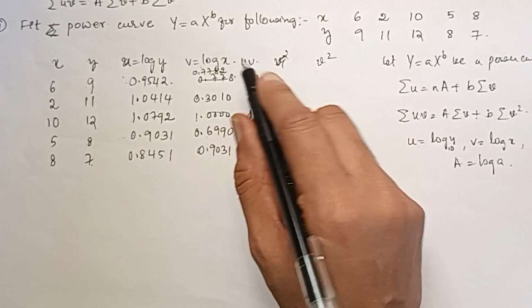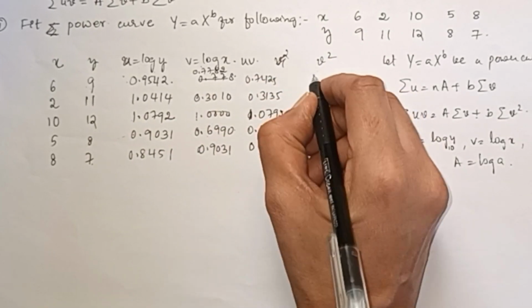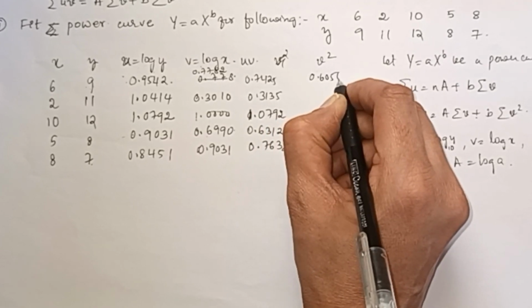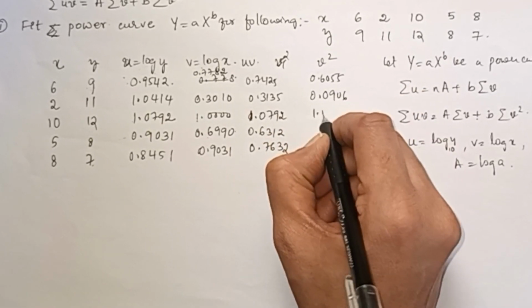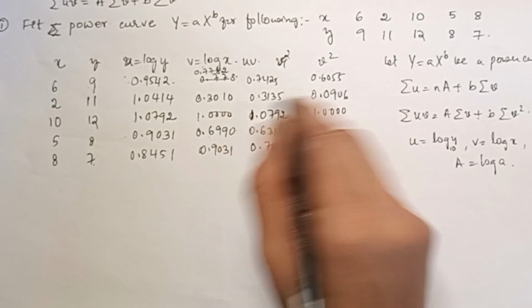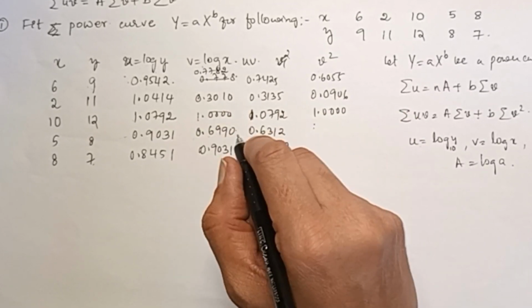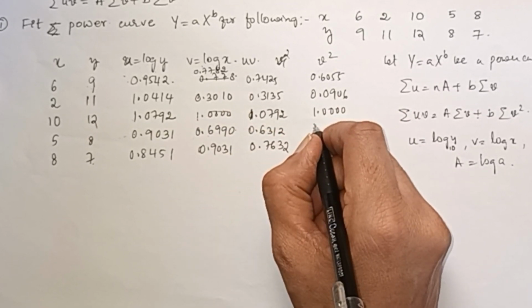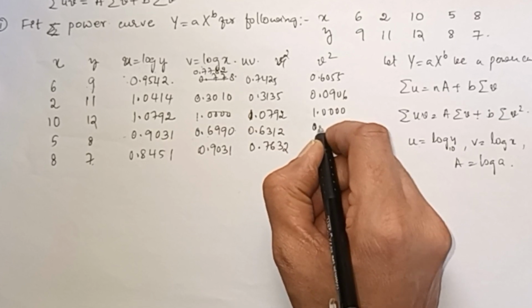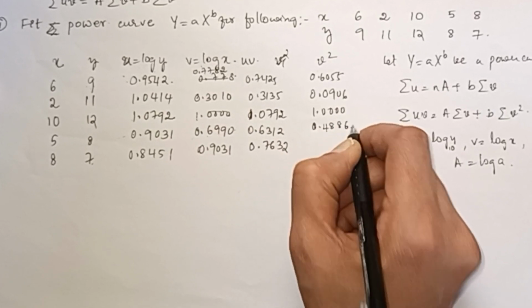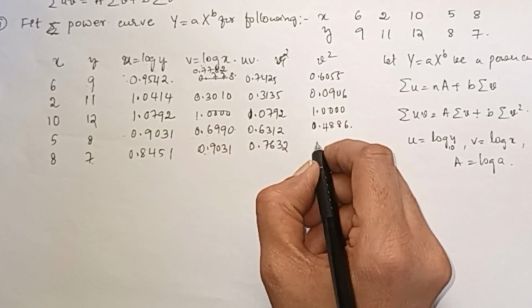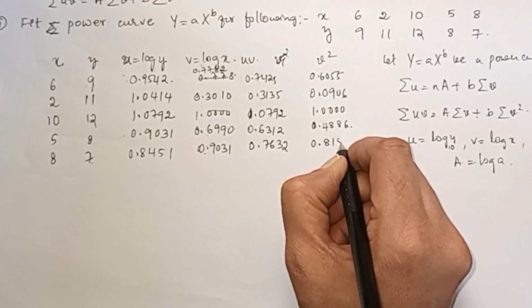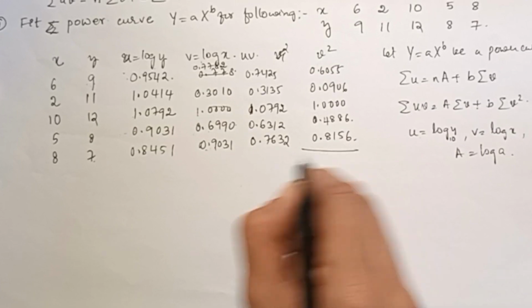Then v square, the square of this, gives you 0.6055. This is 0.0906, 1.0000. Then 1 square is itself. Then 0.6990 whole square is 0.4886. Then 0.9031 square gives you 0.8156.